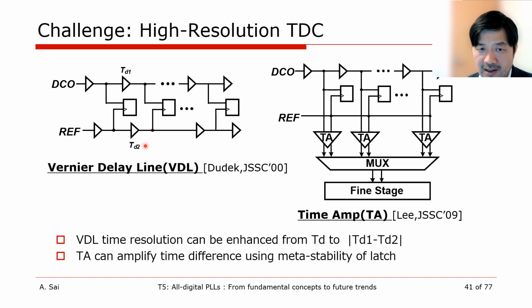On the other hand, the time amplifier enhances its resolution by amplifying a time residue of the first stage. The amplified information is quantized at the following fine stage in the same manner as the coarse stage using the delay line.